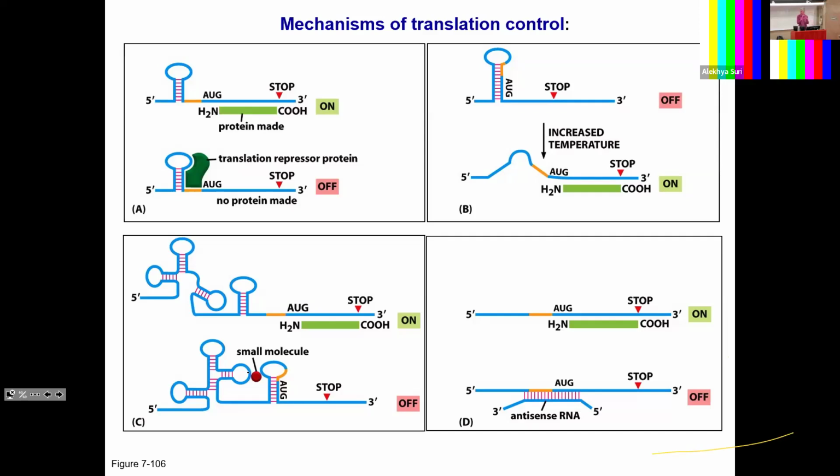So that's an important initial process, and there are numerous ways to interfere with this. Either proteins, secondary RNA structures, or RNA binding to this start codon site, or a change in temperature, for example.